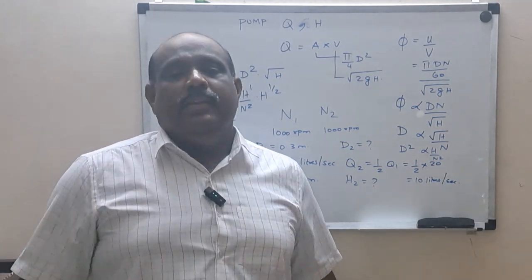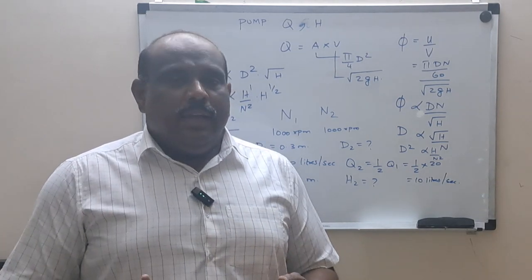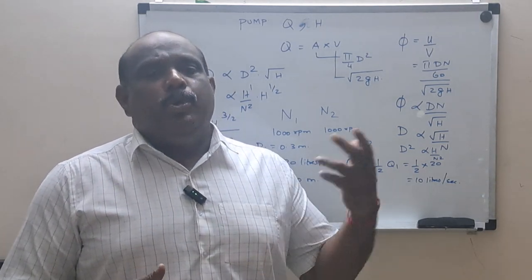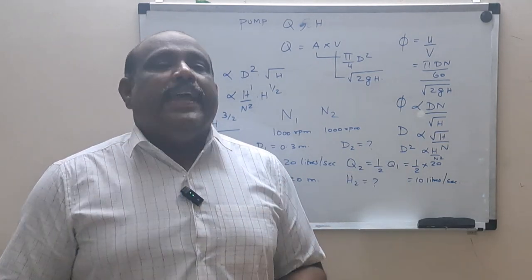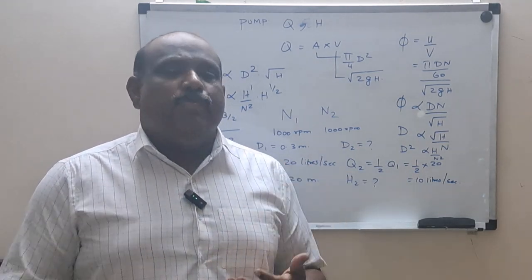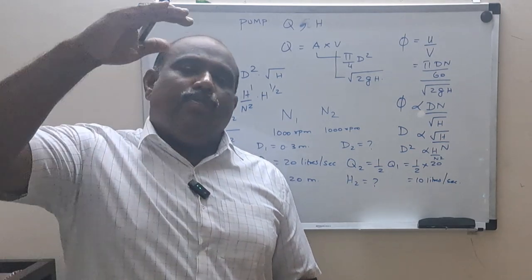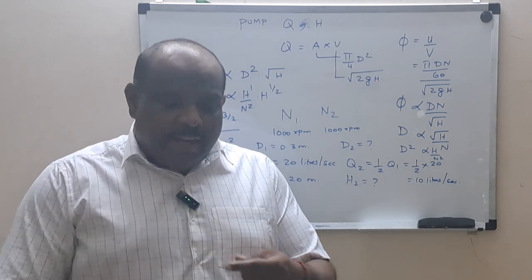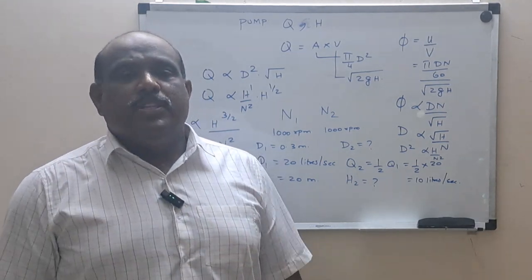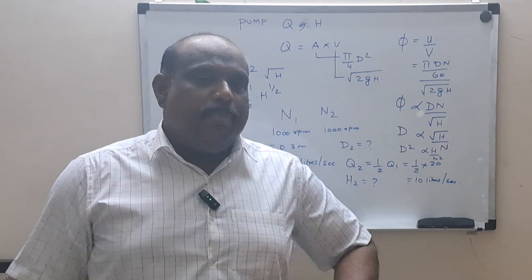I will repeat once again. As I told you earlier, the heroes of the pump are Q and H, the discharge and the head. So if I can maintain 1 meter cube per second of flow rate to a head of 1 meter, then the speed at which the shaft rotates is called the specific speed of the turbine. Sorry, of the pump.